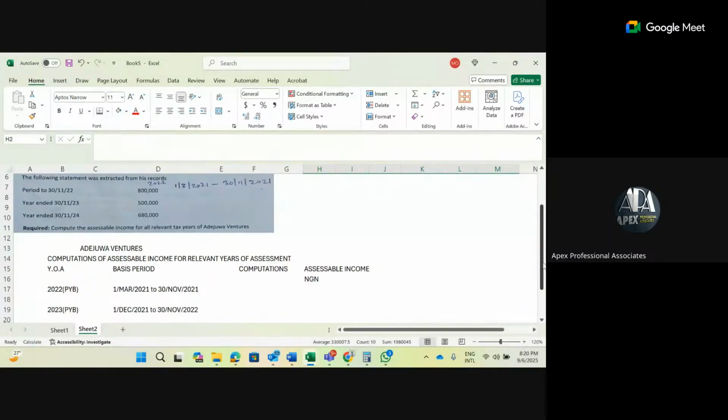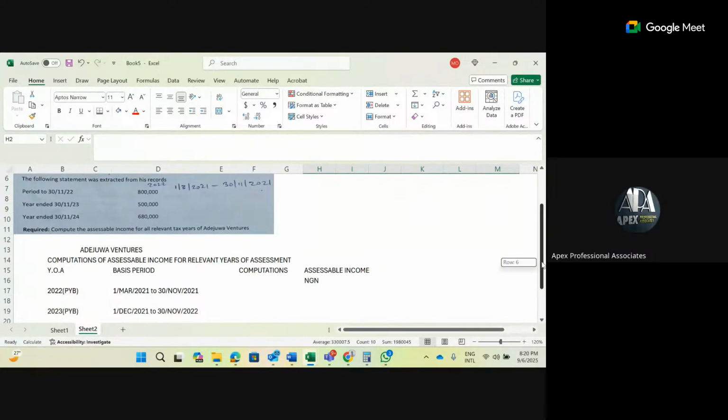This business commenced operation 1st of March 2021 and is making up its account to 30th of November. So the first year is going to be 1st of March 2021 to 30th of November 2021.